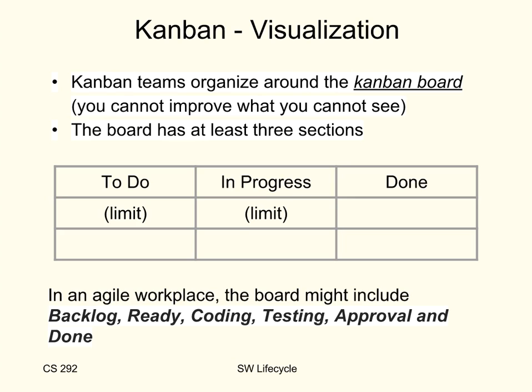If you take Kanban and use it in an agile methodology, you will typically have more columns on the Kanban board. You'll have backlog, ready to do, coding, testing, approval, and then done. Because coding, testing, and approval are typically separate actions in a software development environment. You can drop them all into in progress, and that's fine. It depends on how your team wants to do this.